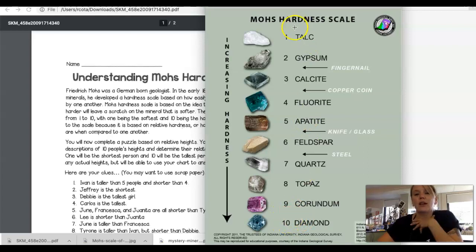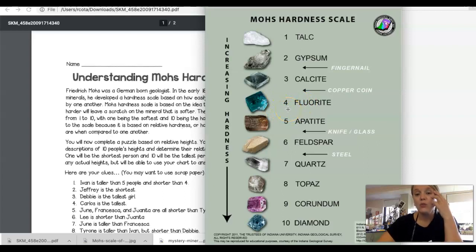The Mohs hardness scale also has some minerals listed as examples of what their rating is. That doesn't mean that if you get a mineral and go through the Mohs hardness tests, which I'll show you in a bit, and you think it rates a 4, that it is identified as fluorite. Fluorite is just one mineral that rates at a 4.